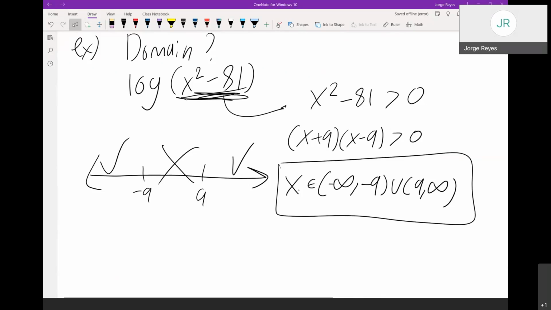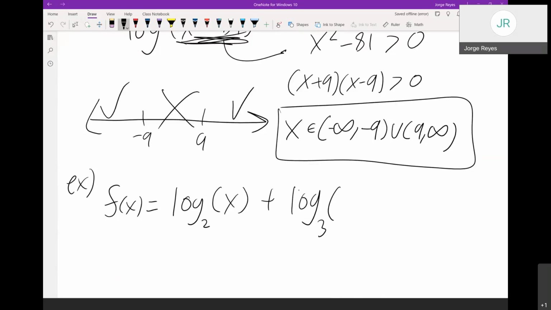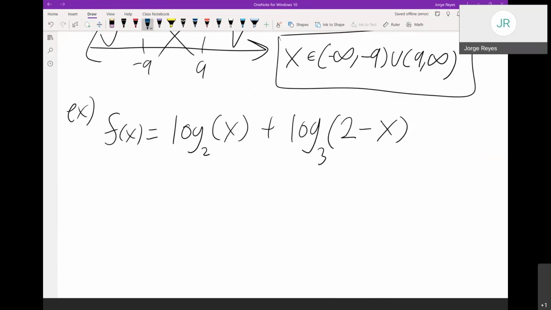All right, so let's do one more of these. Let's pretend we have a function with 2 logs. So log base 2 of x plus log base 3 of 2 minus x. We're going to find both of the domains and then intersect them, basically.